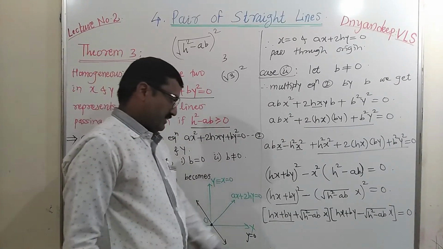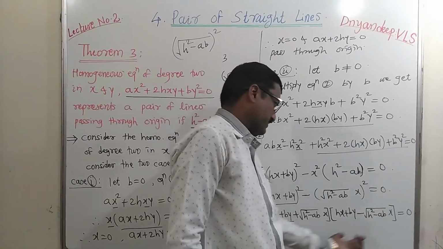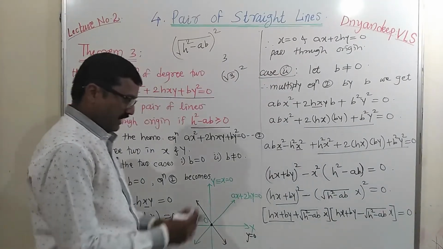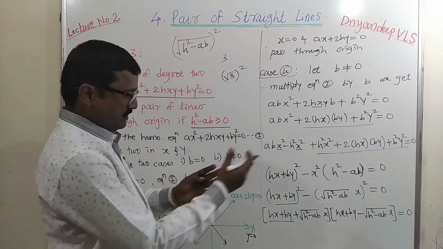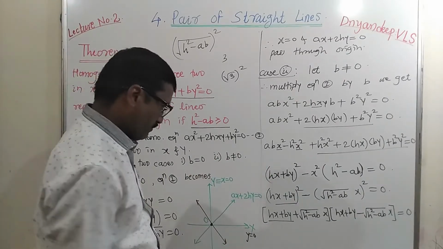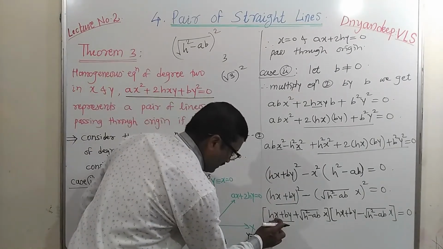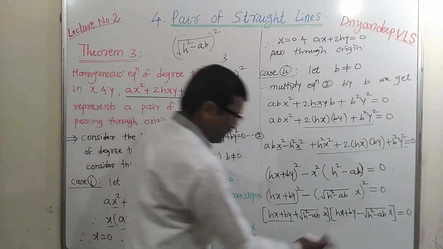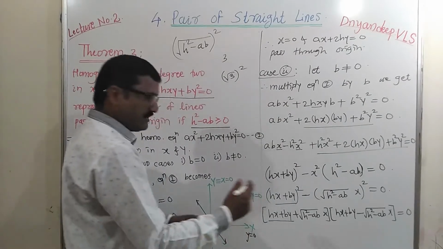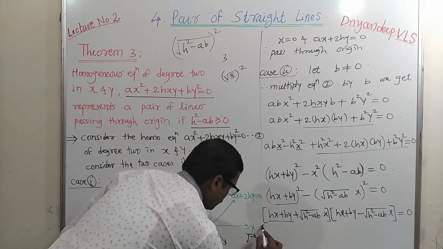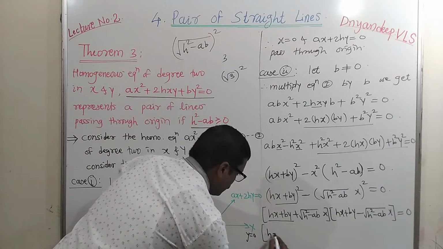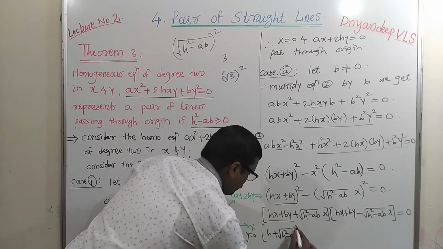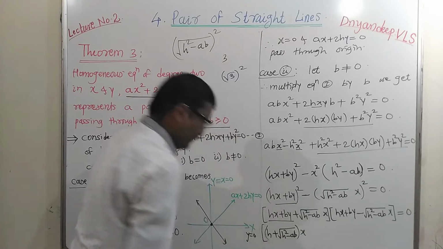So what we get here? We get here first factor and second factor. So the product of these two is 0. It means either first is 0 or second is 0 or both are 0. Again, at this stage we can take common x from these two, because first term is x term, last term is also x term, here also x term. So connect those two terms and write the factors once again. So we get h plus under root h square minus ab x. Is it okay?